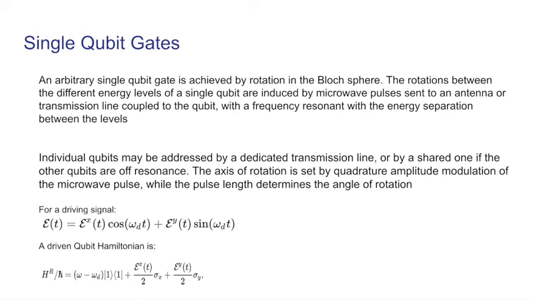Quantum gates are the basic operations that are performed on the quantum bits to make basic computations. Let's look at single qubit gates. An arbitrary single qubit gate is achieved by a rotation in the Bloch sphere. The rotations between the different energy levels of a single qubit are induced by microwave pulses sent out to an antenna or a transmission line coupled to the qubit, with a frequency resonant with the energy separation between the levels.